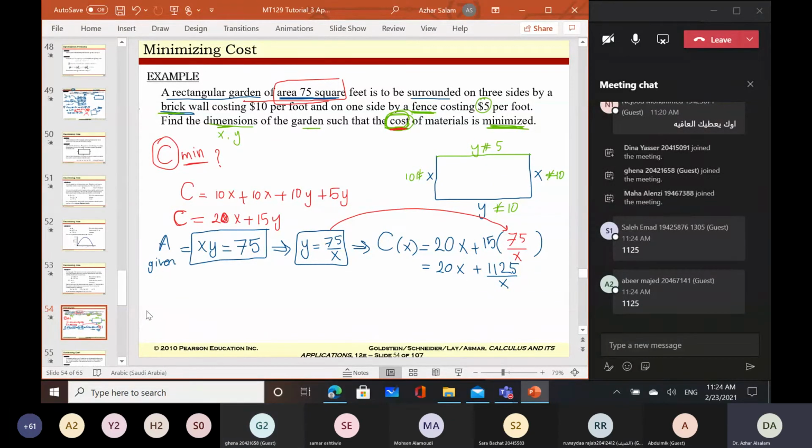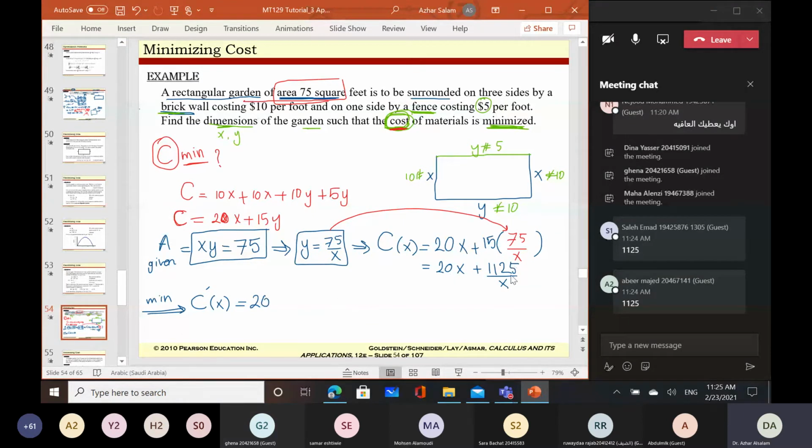To find the maximum or the minimum, here I have to find the minimum. I will find the critical point. So I will differentiate the cost function of x. The derivative of 20x is 20.